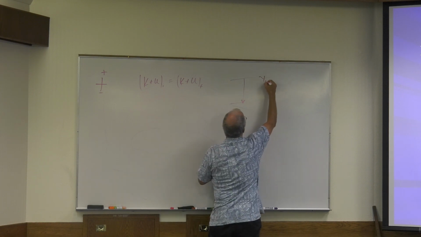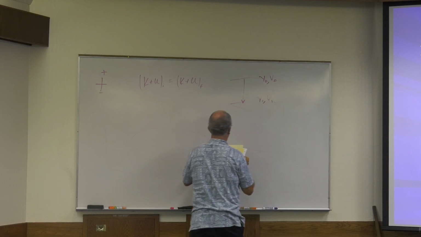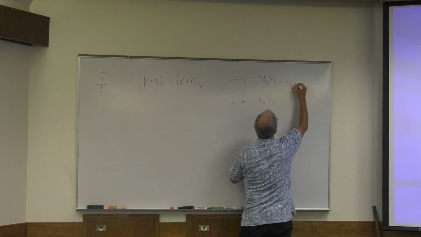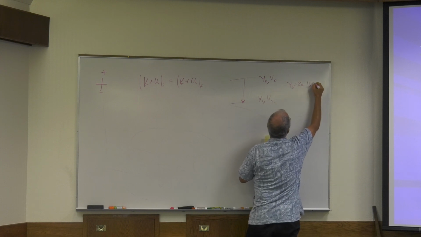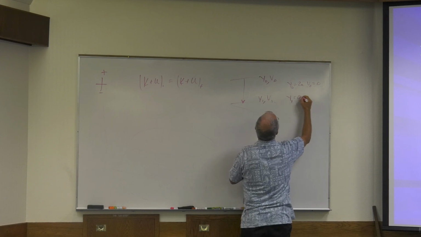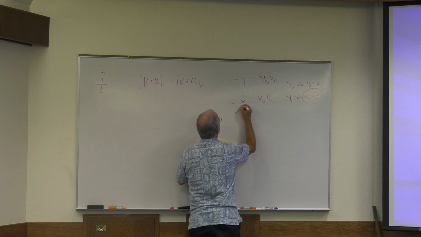So y0, v0, y1, v1. y0 is 2 meters, v0 equals 0, y1 is 0, v1 equals. I'm saying this is the origin.